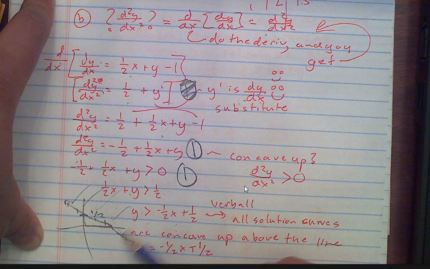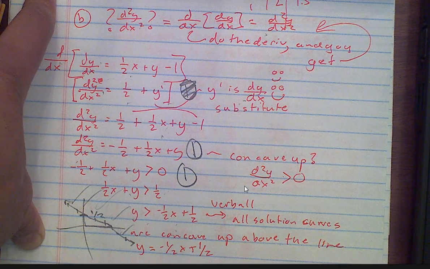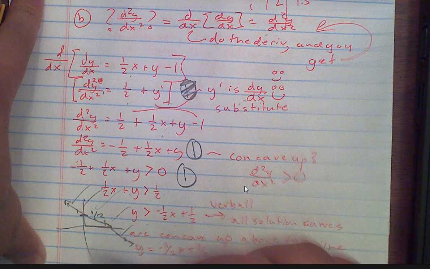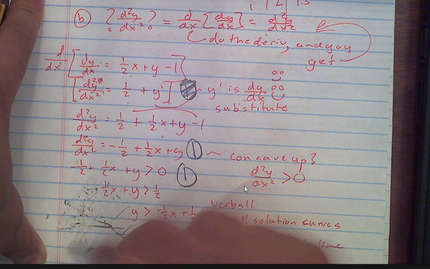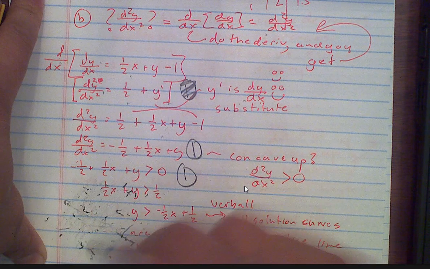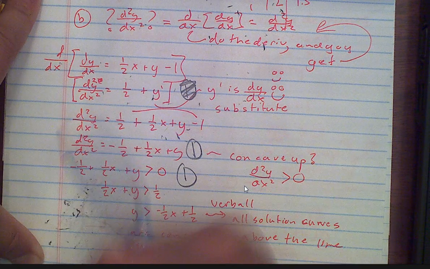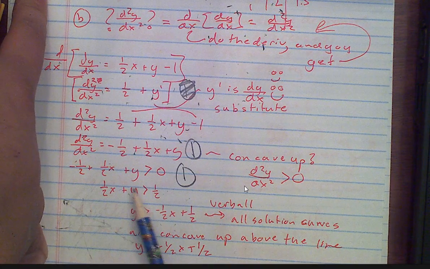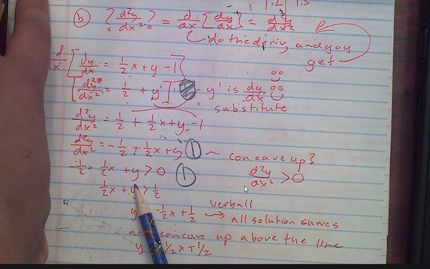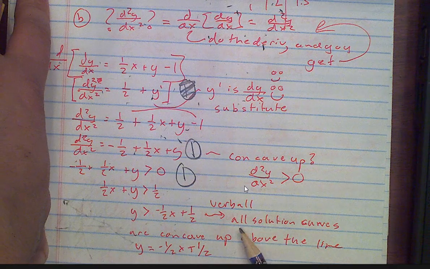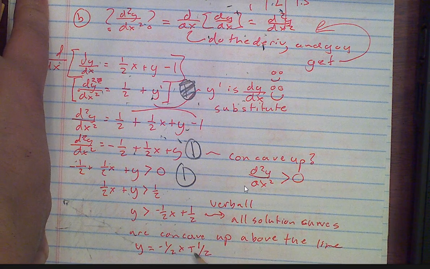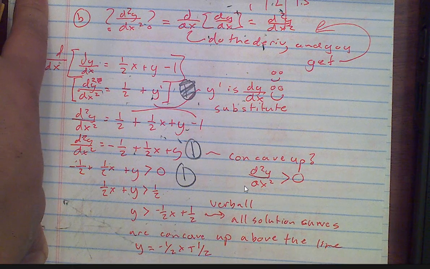Sorry, I know that's pretty sloppy, but y'all get the idea here. I think it would have been okay for you just to say all x and y values will satisfy this inequality, but really it would have been nice to do it this way: all solution curves are concave up above this line, because that would make it greater than that.